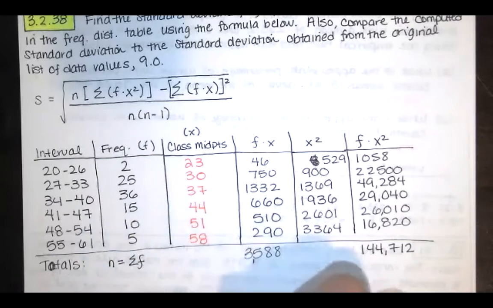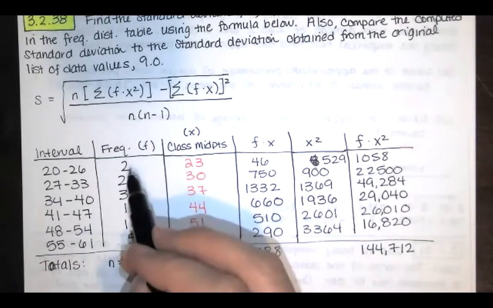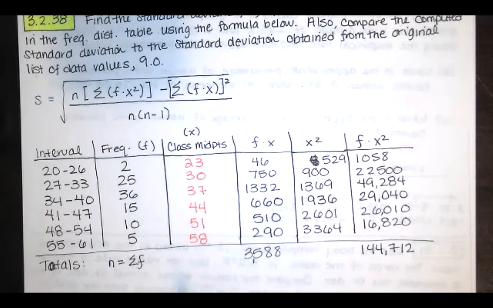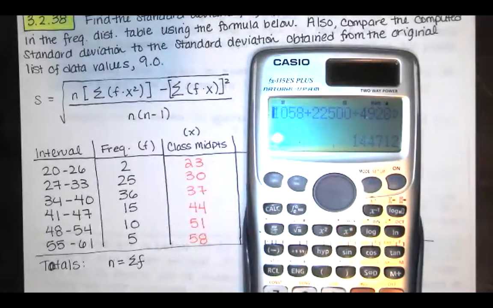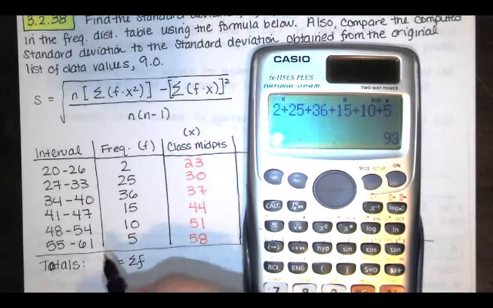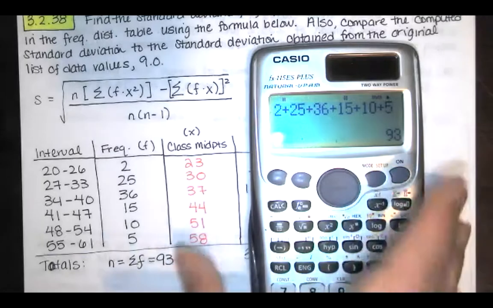That's the same as the sum of the frequencies, because there are 2 values there, 25 there, 36 there, and so on. So I'll add those up, and I get 93. That's my n.